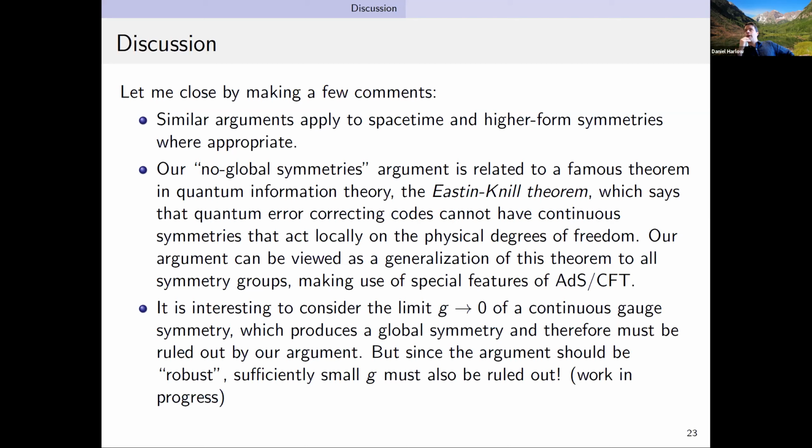An argument like the one that I gave maybe can be used to give a lower bound on the strength of the gauge coupling, which is interesting. Again, in quantum field theory, there's no such restriction, right? A gauge coupling can be as small as you want. But this argument would say that there's some lower bound. It can't be too small. And that's potentially interesting for phenomenology. For example, this B minus L symmetry that I mentioned could be a gauge symmetry with a very weakly coupled photon, but this would put bounds on that kind of scenario.